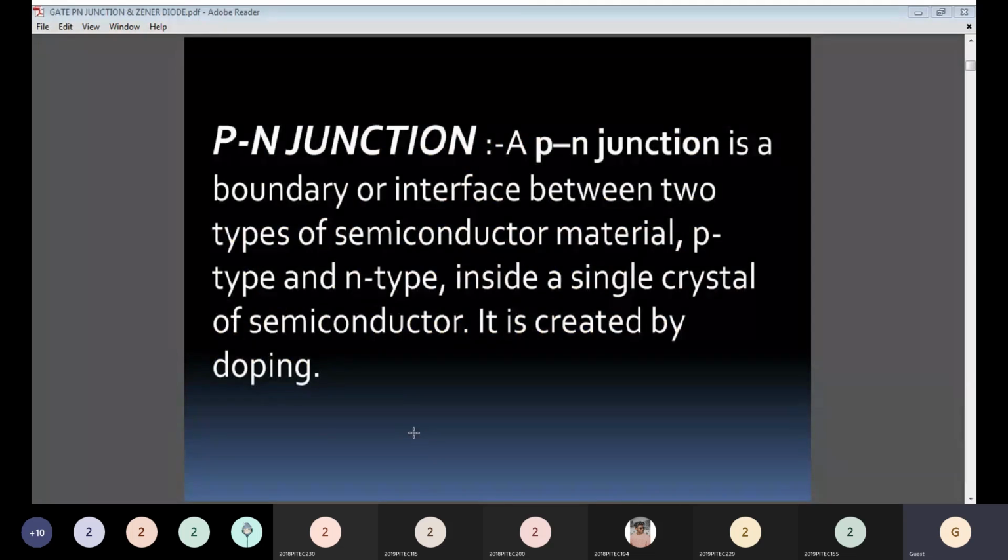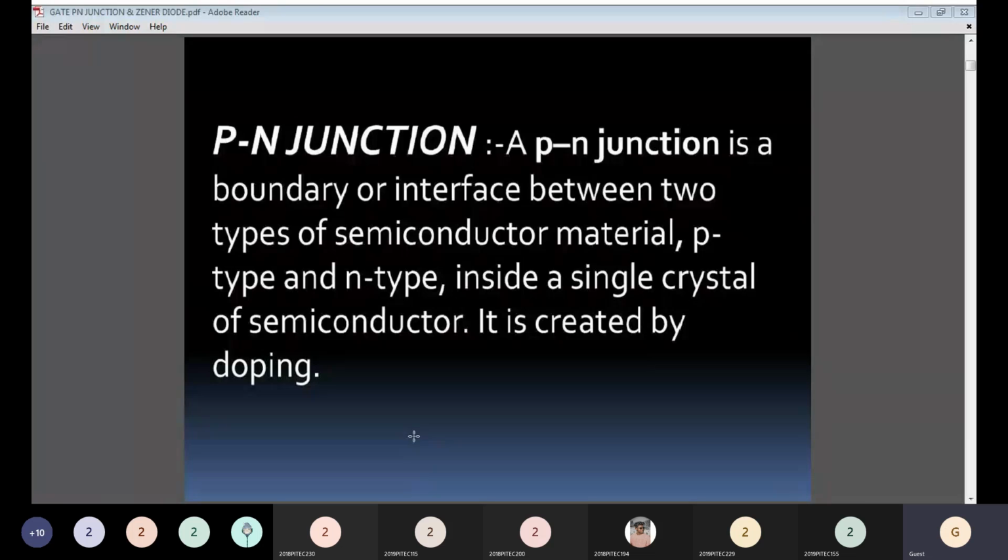What is a PN junction diode? A PN junction is a boundary or interface between two types of semiconductor materials, P-type and N-type. Inside, a single crystal of semiconductor will be placed. It is created by doping. Doping is nothing but adding impurities to improve the concentration of the diode.